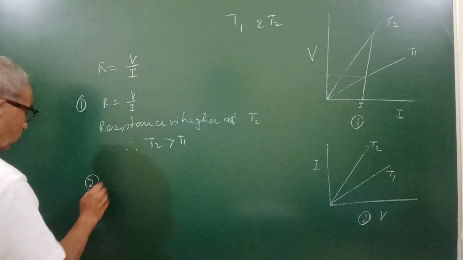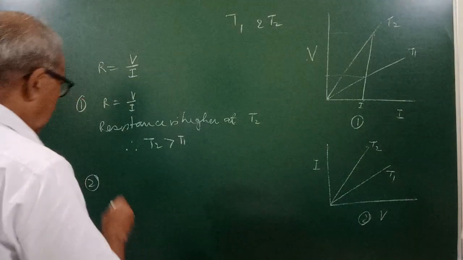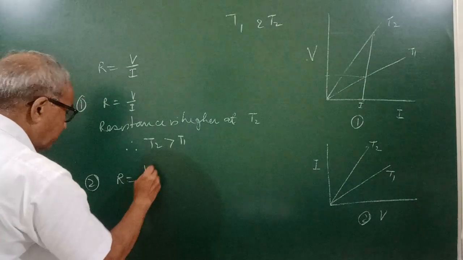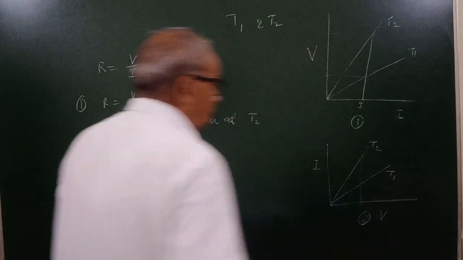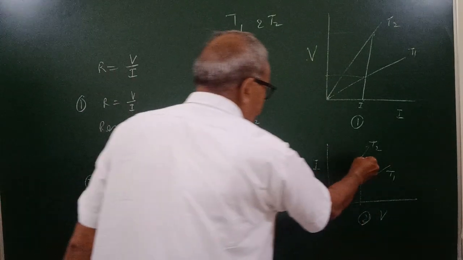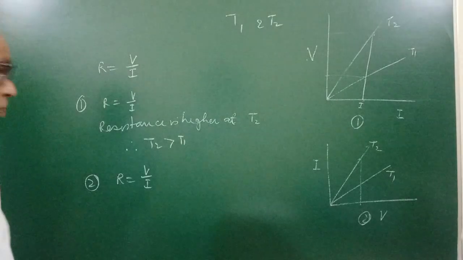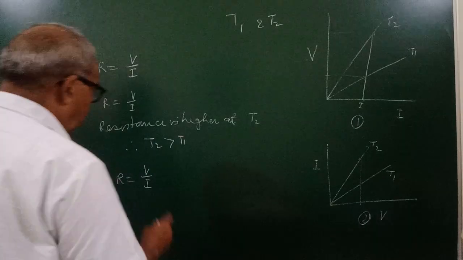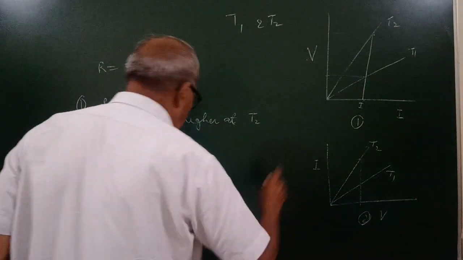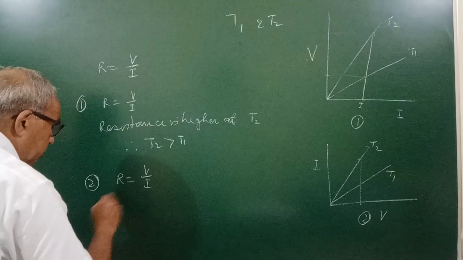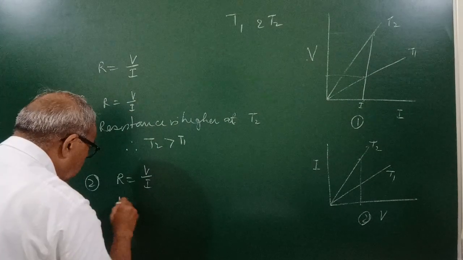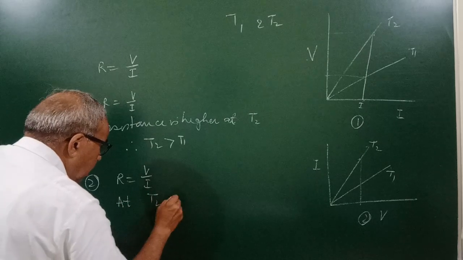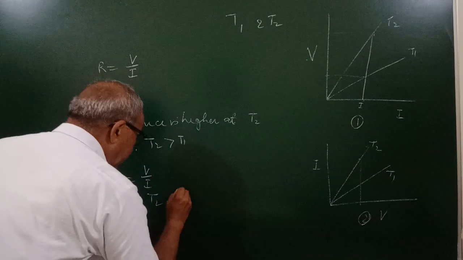In figure 2, again R equal to V upon I. For the same V, here I is higher at T2.